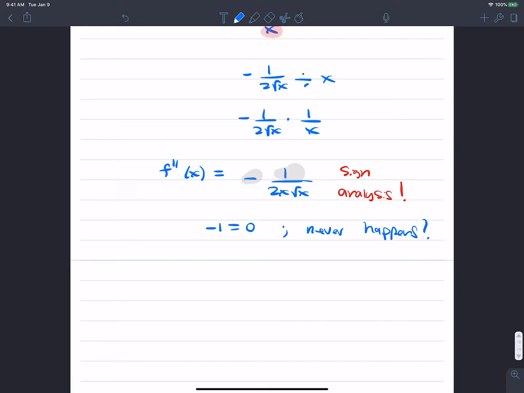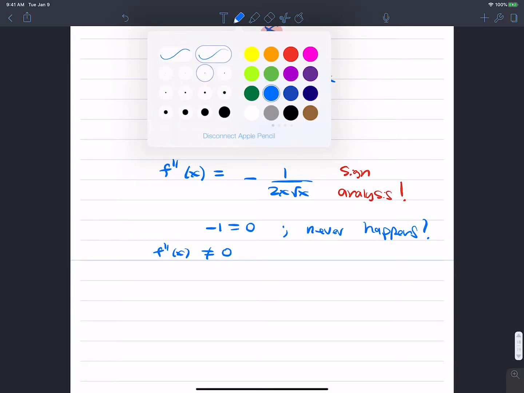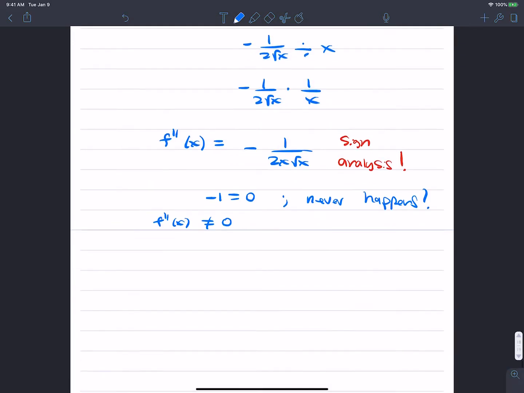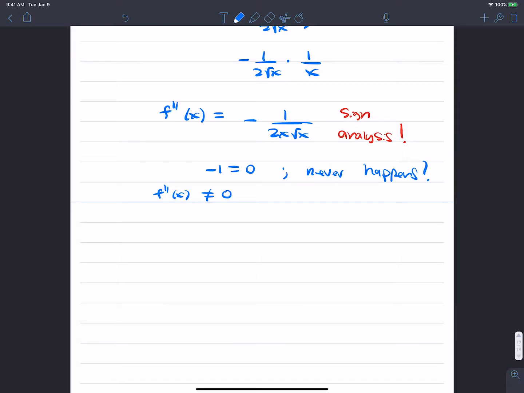So that means my second derivative of the function is never 0. Okay. But is that second derivative undefined, right? You have a rational function. The answer is yes. So you're going to take here the denominator, set that equal to 0 to find where that second derivative is going to be undefined, or does not exist.